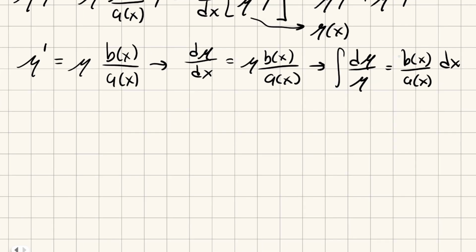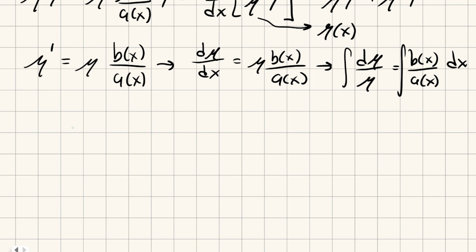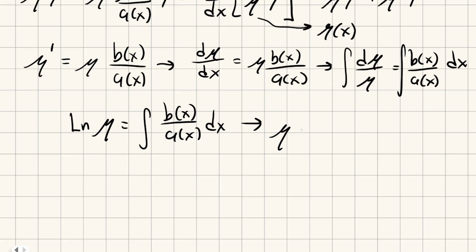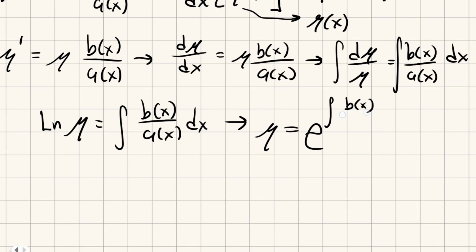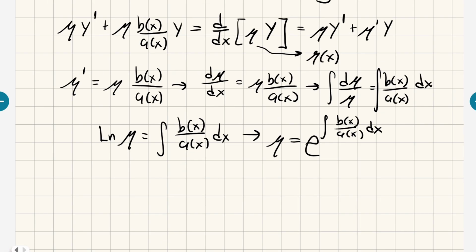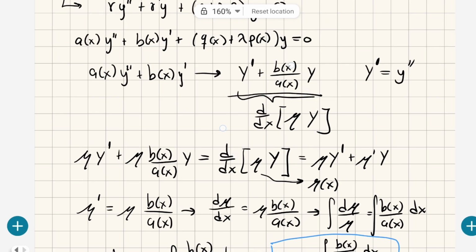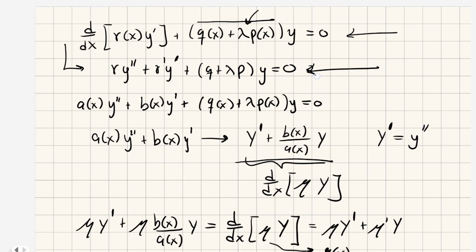If we integrate on both sides of this equation, we get that the natural log of mu is equal to the integral of b of x divided by a of x dx, so mu is equal to e to the integral of b of x divided by a of x dx. Perfect. With this we have now found the integrating factor that is going to let us express this thing as the derivative of a product.